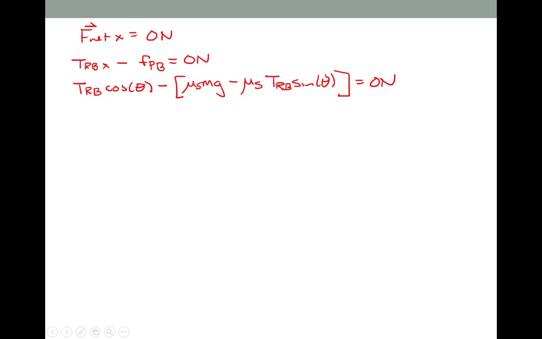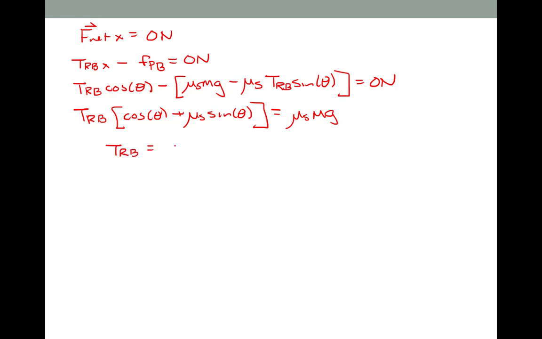This allows me to solve for TRB, factoring out TRB times cosine theta plus mu s times the sine of theta will equal the coefficient of static friction times the mass times the gravitational acceleration, and I can plug in values at this point.